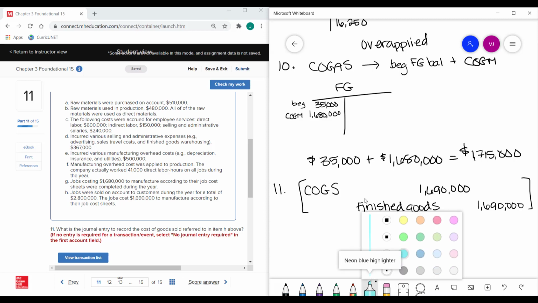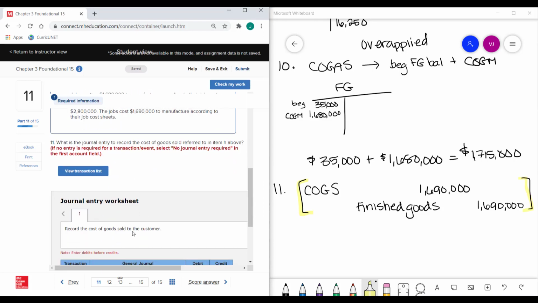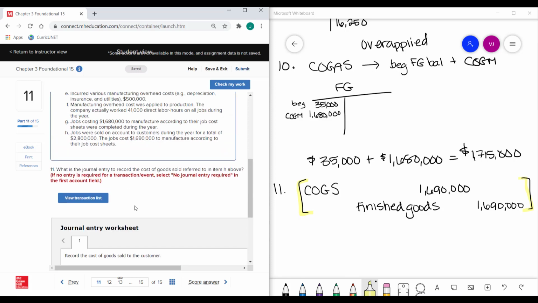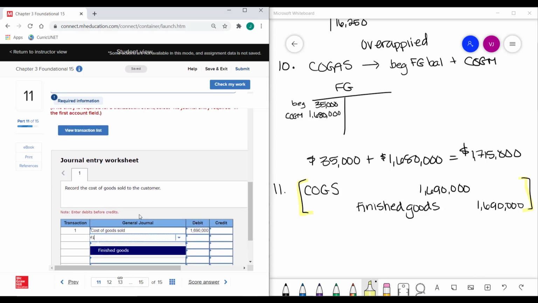Okay, so anytime we have to record the cost of goods sold as a manufacturer, we would debit cost of goods sold and then specifically credit finished goods, that specific inventory account. And if they had asked us to record the actual sale itself, then remember we would have debited cash or accounts receivable, but they said they sold it on account, so accounts receivable would be debited for that 2.8 million, and we would have credited sales for 2.8 million as well.